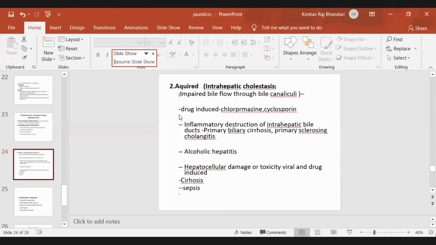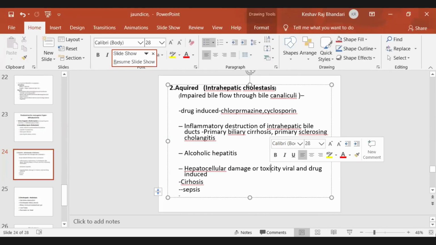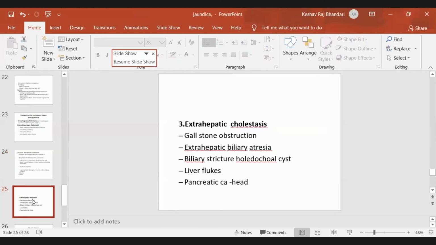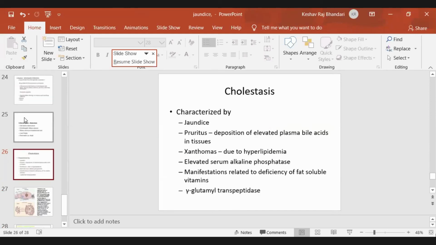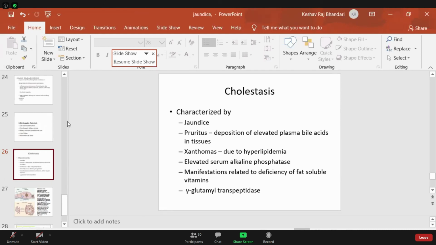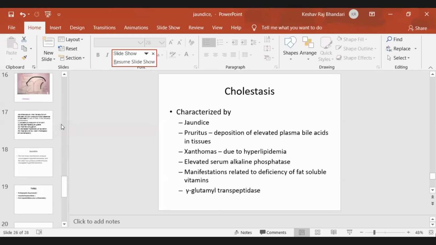All these acquired conditions will lead to blockage of canaliculi, so bile will not come out much. These are the causes, and extrahepatic obstruction will again lead to jaundice. These are the various mechanisms of hyperbilirubinemia, conjugated as well as unconjugated, and how jaundice is produced.